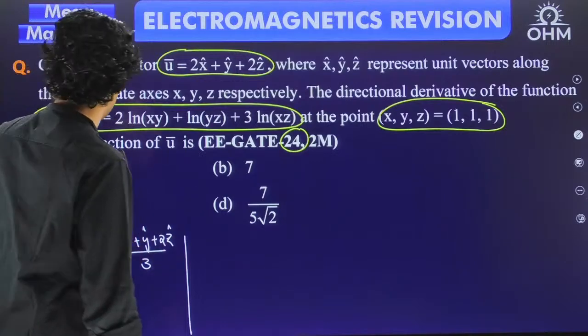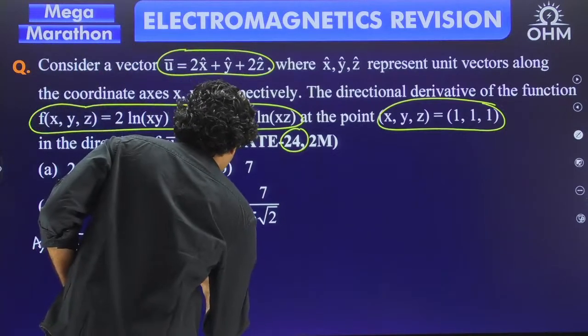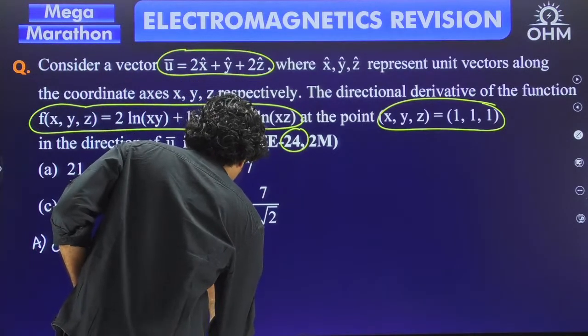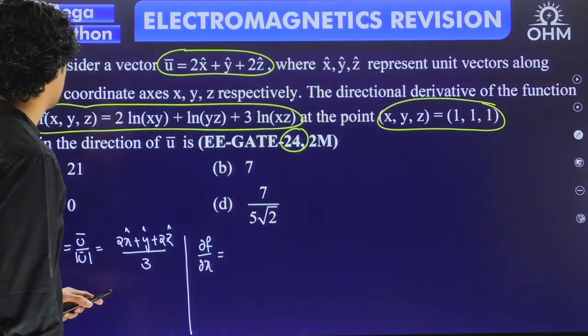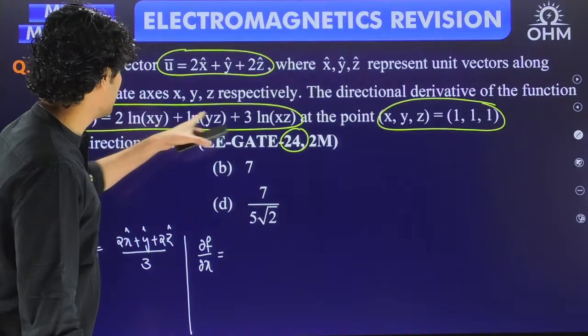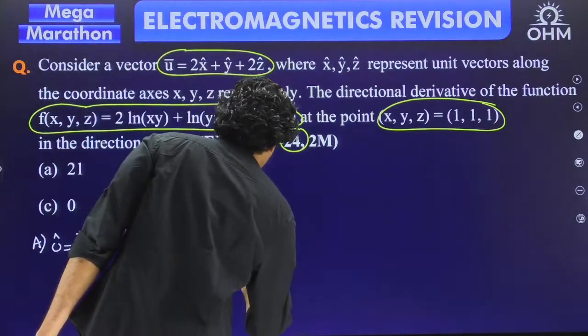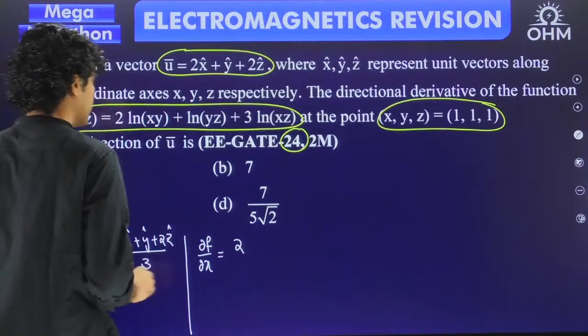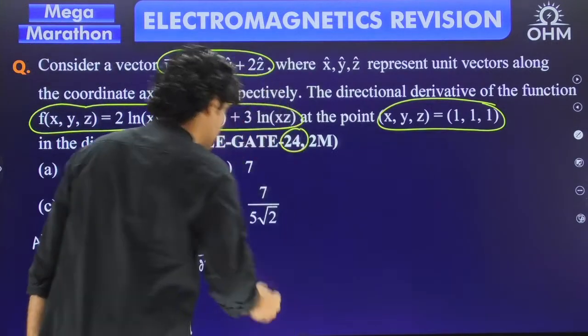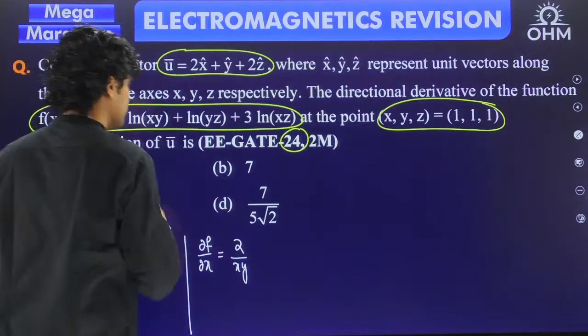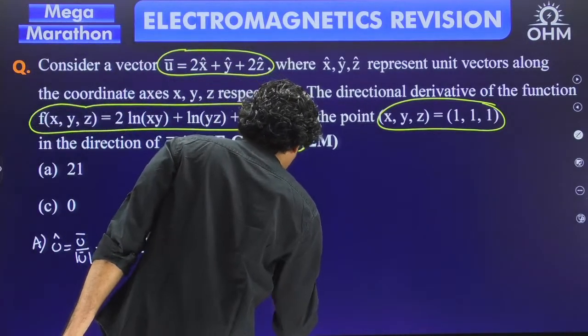Now the main part is calculating the gradient of this function. What is dou f by dou x? Let me calculate these things first before we calculate the gradient. Dou f by dou x becomes equal to, there are x terms here and here. So this is 2 ln of xy. The differentiation of ln of xy is 2 by xy into the differentiation of xy with respect to x, which is y.